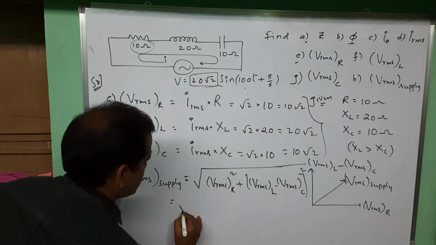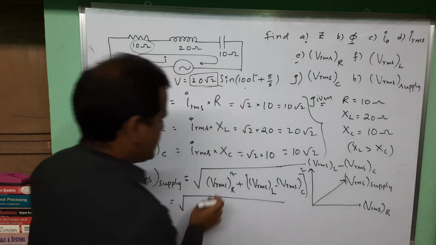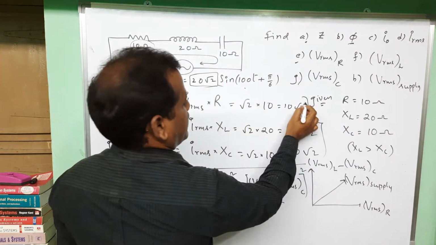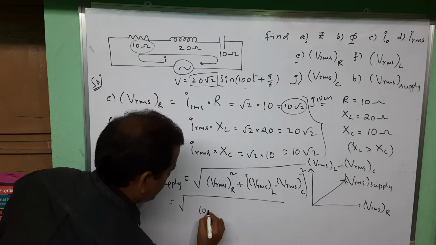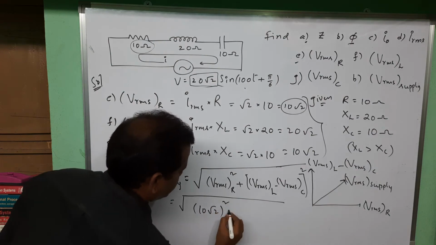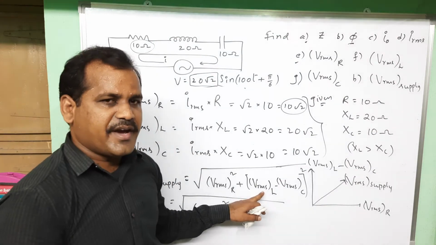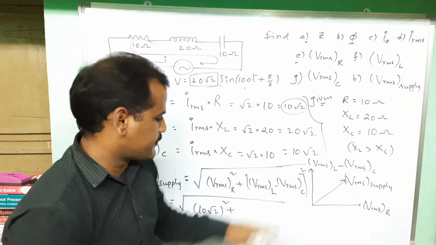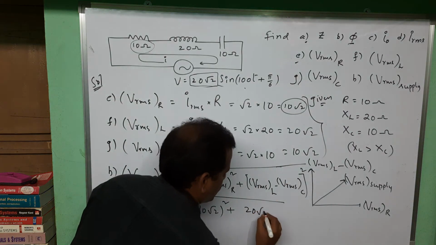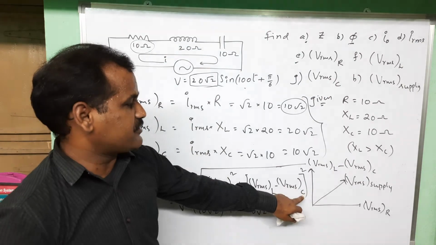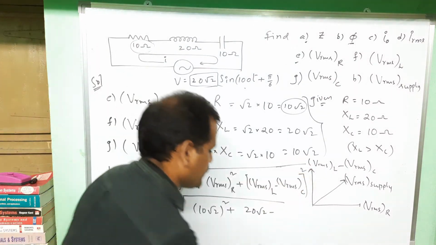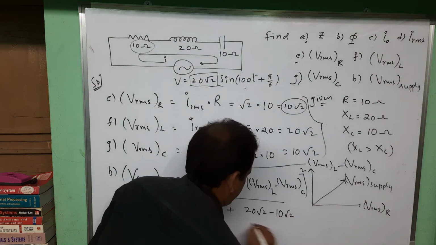That means VRMS R is 10 root 2 whole square, plus VRMS L 20 root 2 minus VRMS C, this one 10 root 2, whole square.